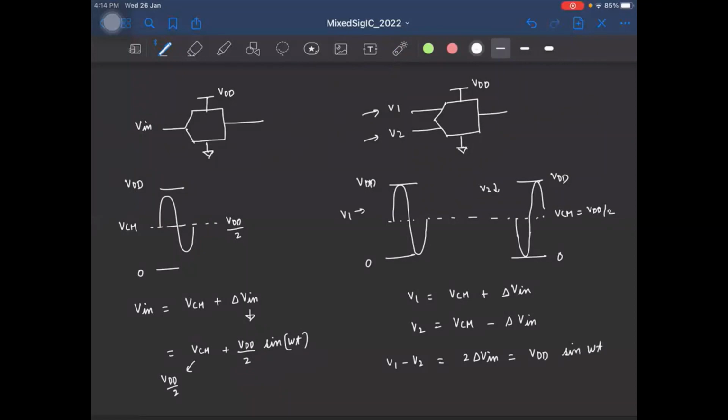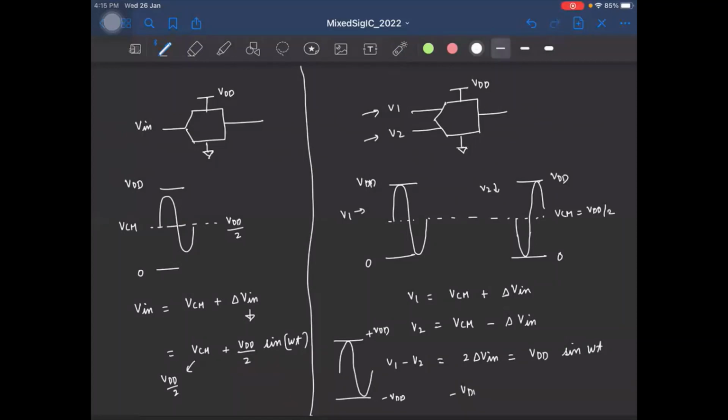Okay, and this differential input goes all the way from minus VDD to plus VDD, right? So this is the differential sinusoidal signal that is fed to the ADC. So let me draw it more properly. Okay, so this is the full scale range for the ADC, right?